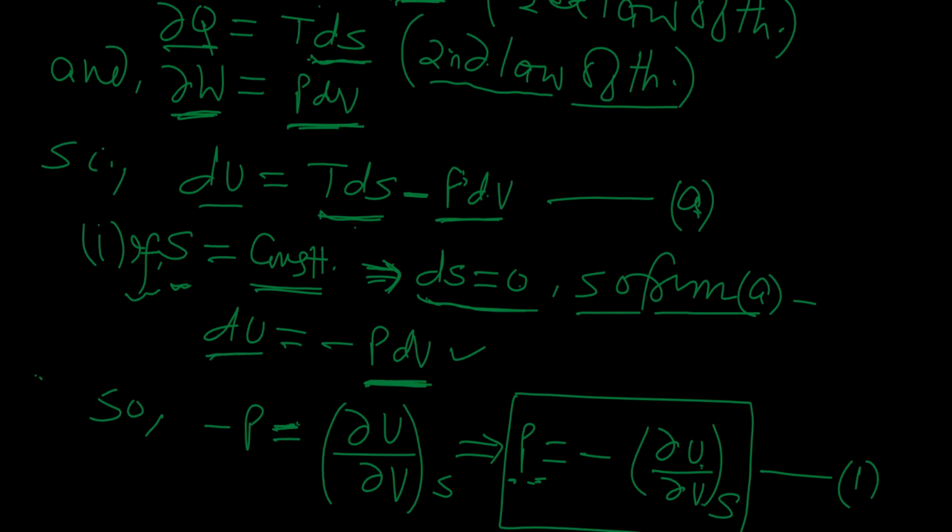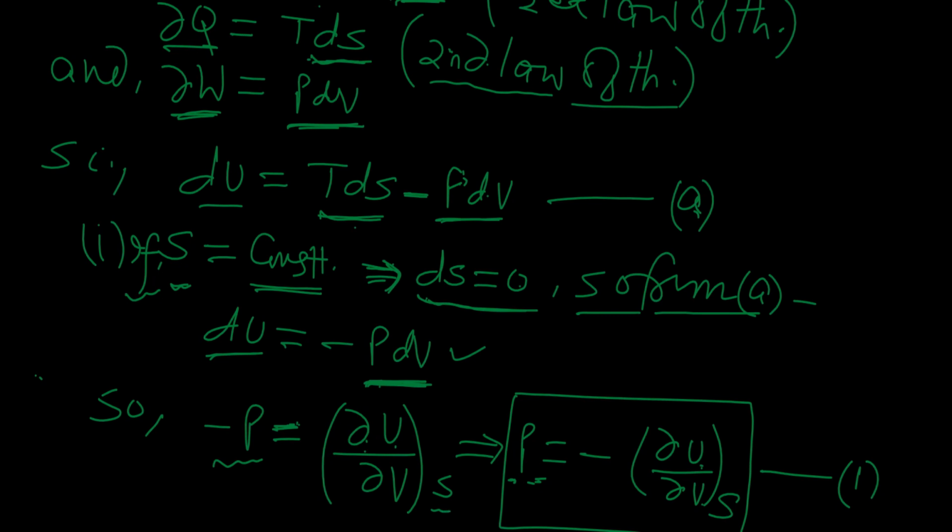Now, if we want to find this P from this equation, then how we will obtain it? You see easily that minus P will be equal to del U by del V, but when S is constant, because you know this equation holds only when S will be constant.